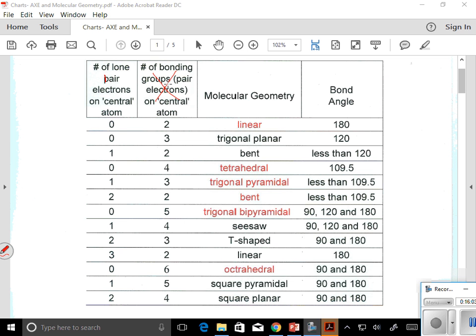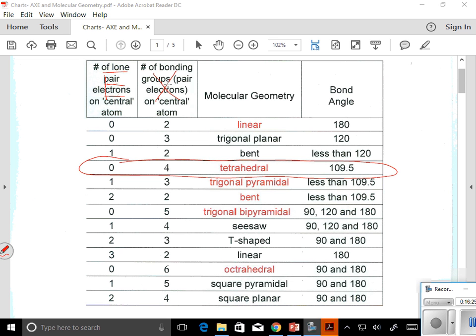Lone pair represents our E. So by reading this chart for the one we just had, where our X was 4 and our E was 0, that would leave us with a tetrahedral shape.